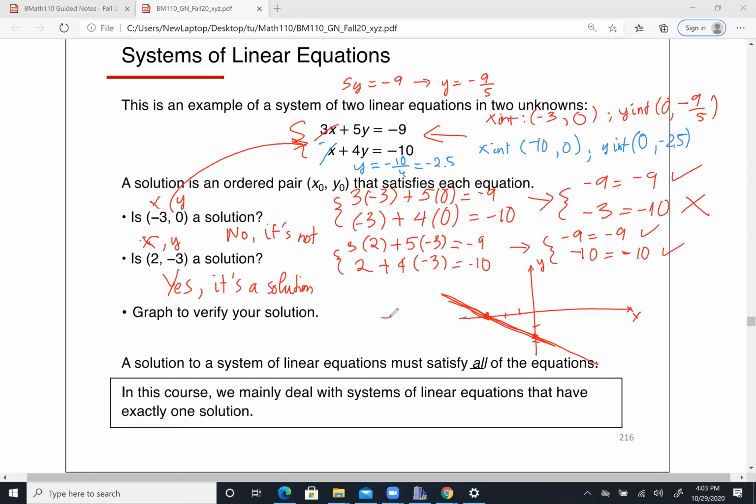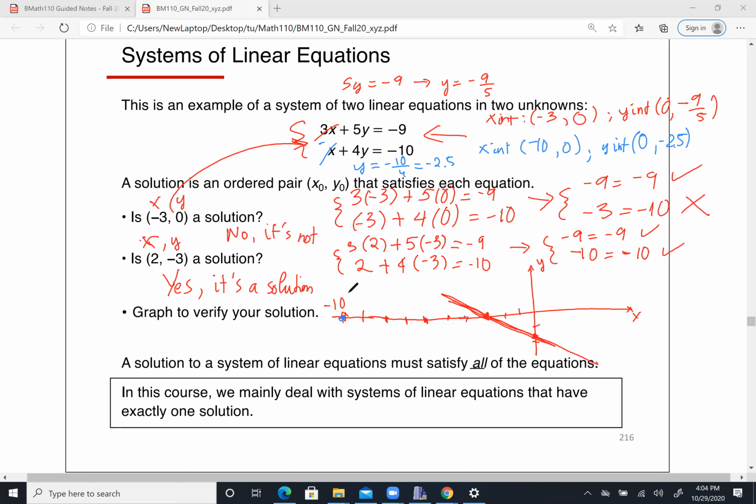Okay, so 3, 4, 5, 6, 7, 8, 9, and 10. So this is -10. That's for the x-intercept.